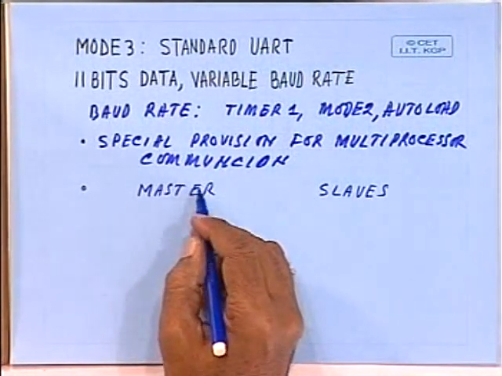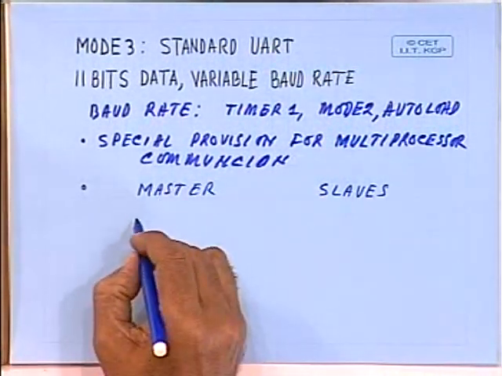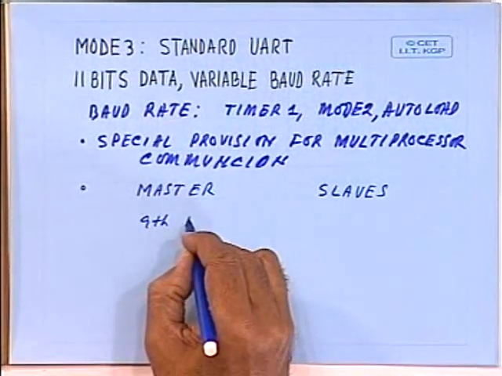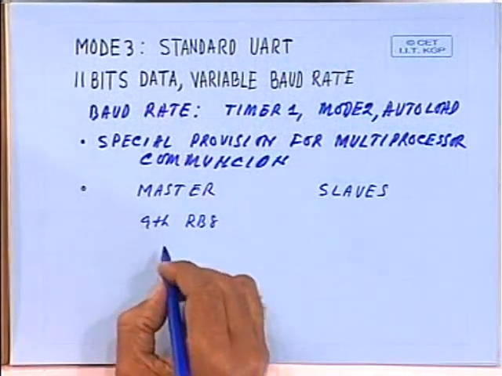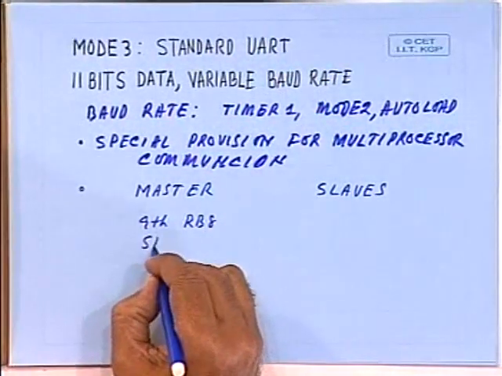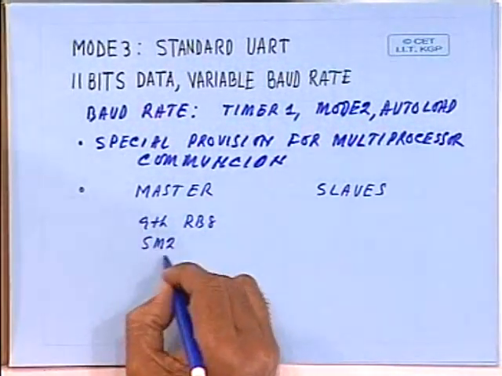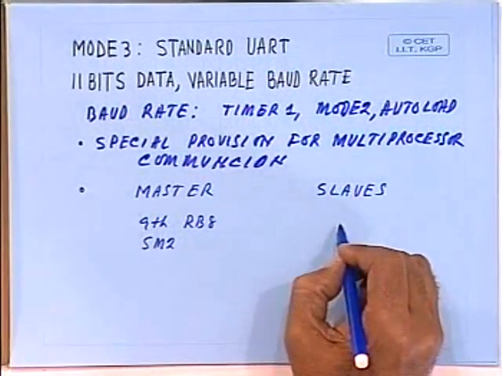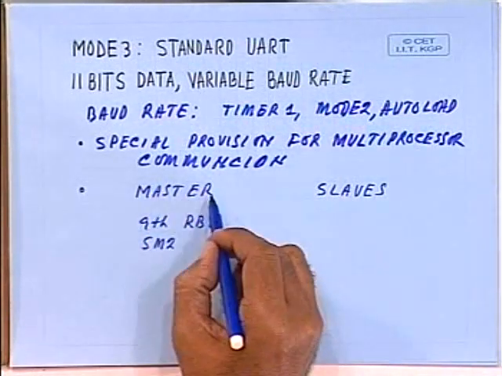Now the ninth bit which is available in RB8 along with that SM2 bit can be used to send the address of the slaves with which the master wants to communicate.